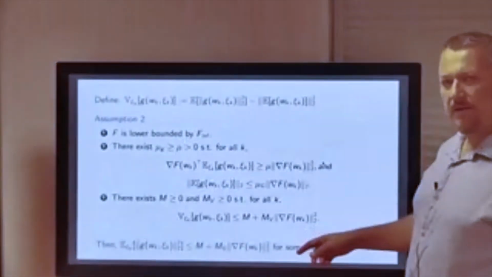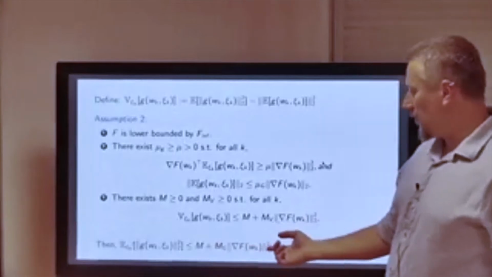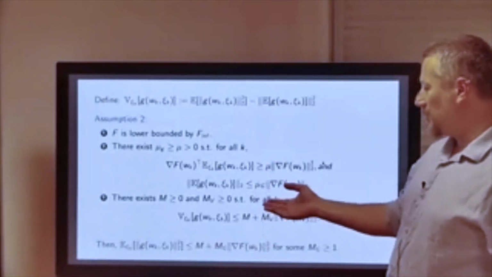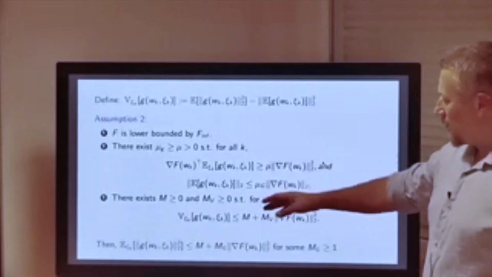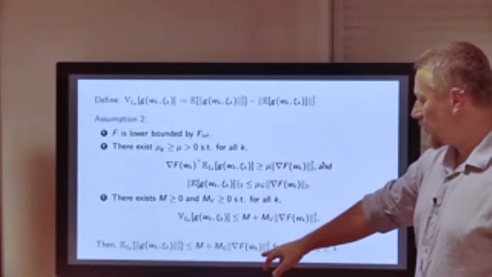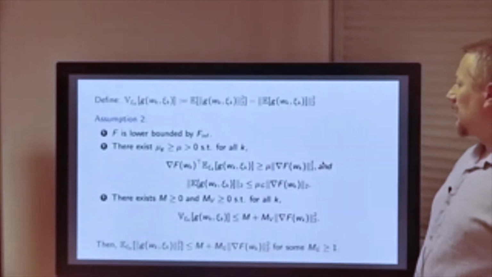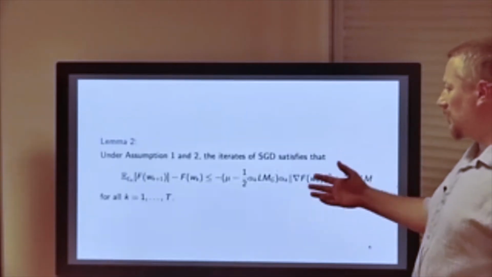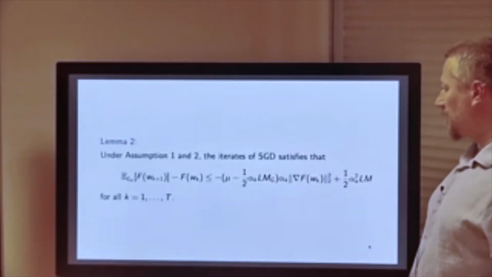And since this condition is already satisfied, these conditions imply the second condition that we have assumed previously. So the proof really goes through very easily.